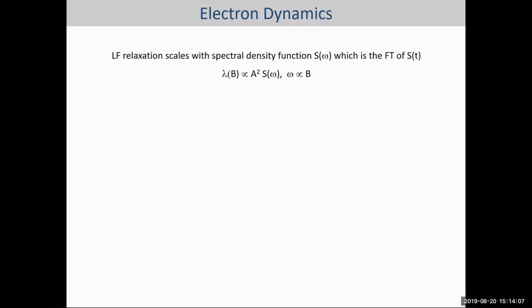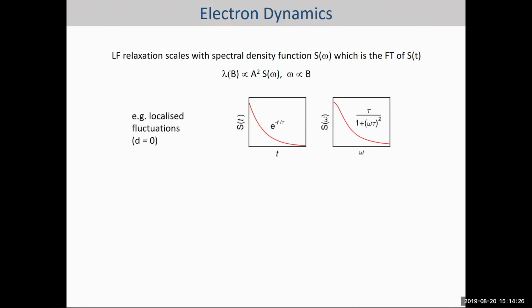Tom described that in his third talk. So in this case, we expect to see a relaxation rate that scales with this spectral density function, but the coefficient of proportionality depends on the hyperfine coupling. So for quantitative analysis, we need to know this hyperfine coupling. So this is how it works.